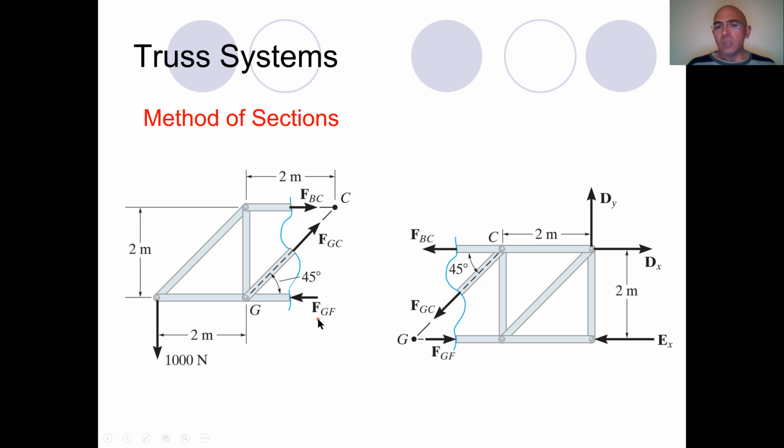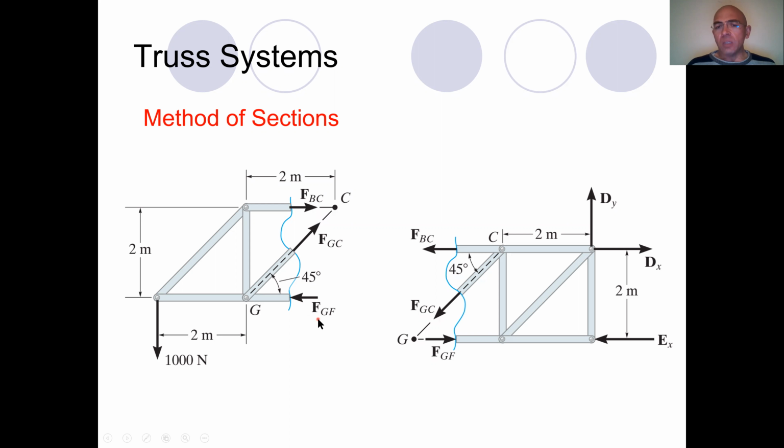On the other half of the structure, certainly the force must have the same magnitude but opposite direction. As you see, FBC here is in the opposite direction, and FGC and FGF are the same.